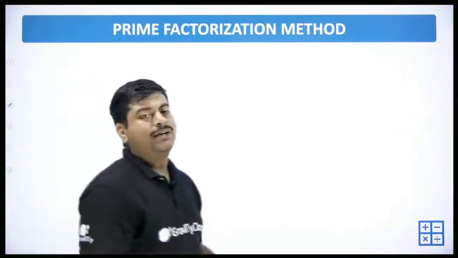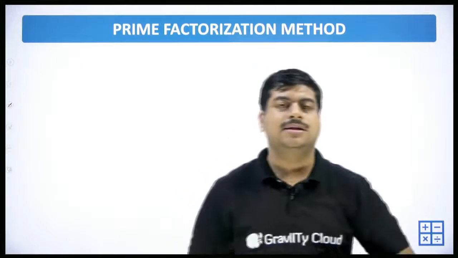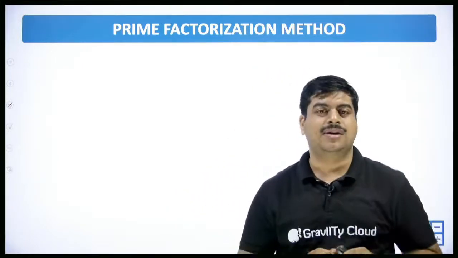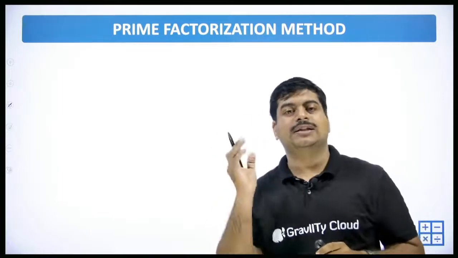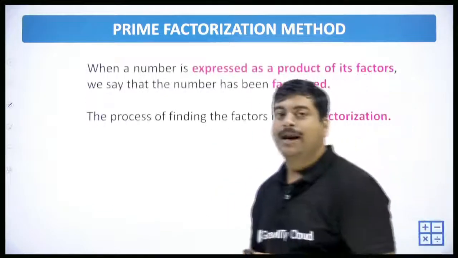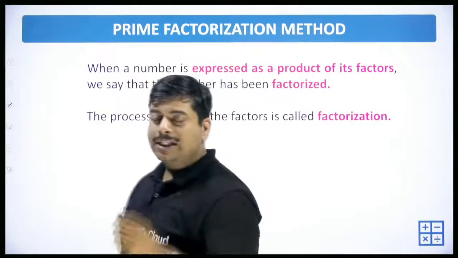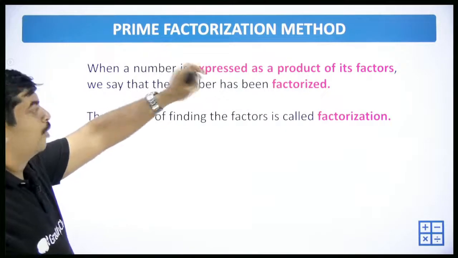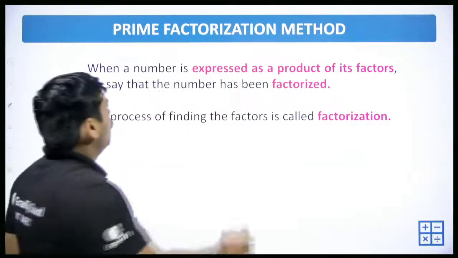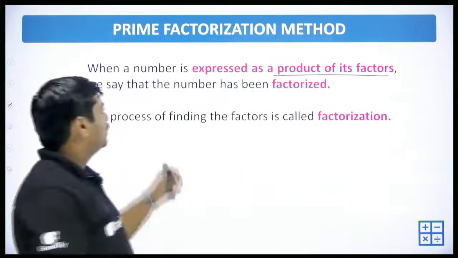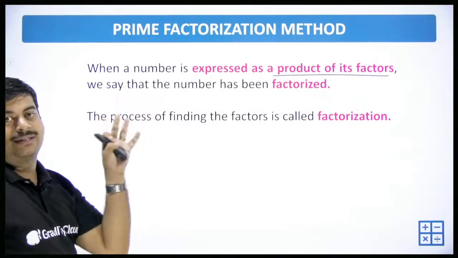So now let's try to understand the prime factorization method, and from there we'll try to understand how to find HCF. And in the next lecture we're going to discuss LCM. So what is prime factorization? When a number is expressed as a product of its factors, we say that the number has been factorized.